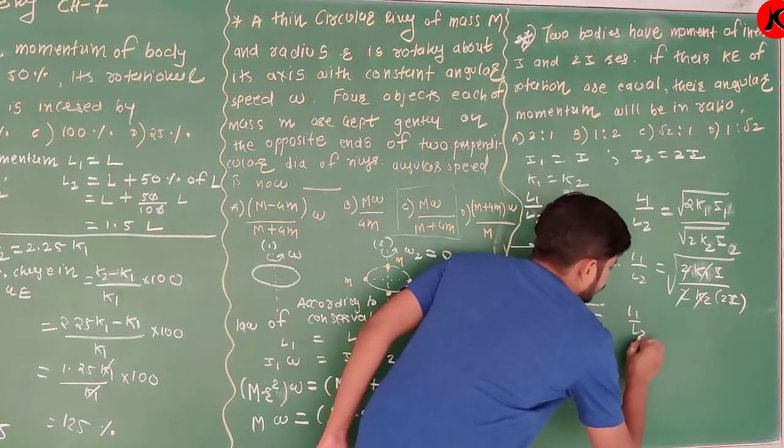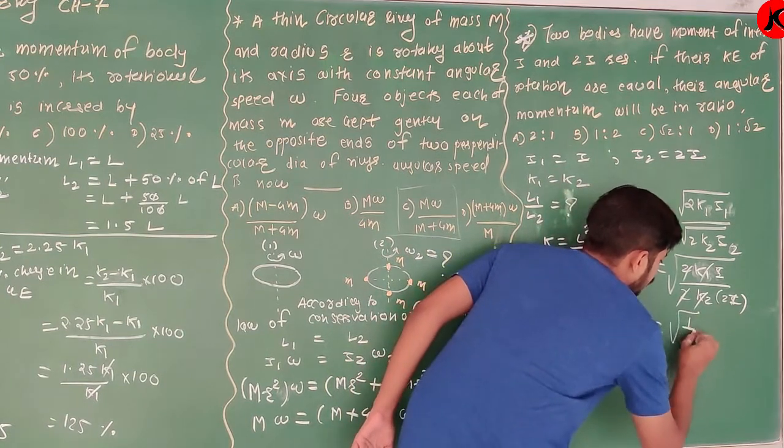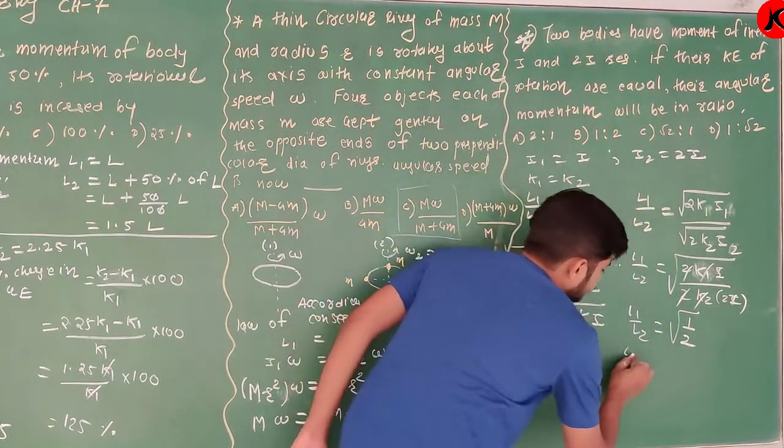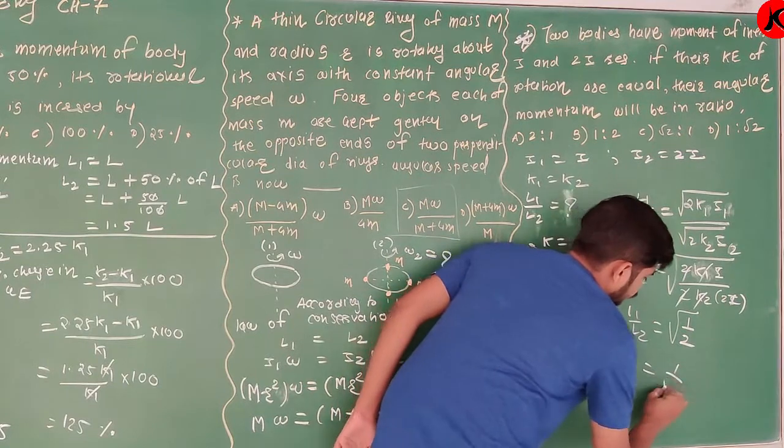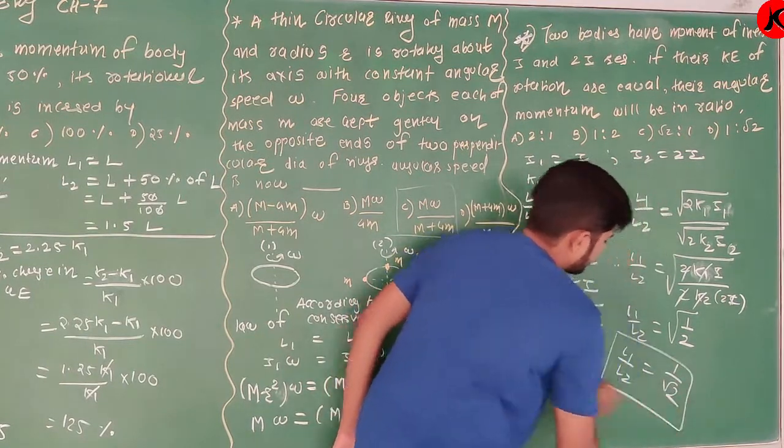So L1 upon L2 is equal to 1 upon root 2.